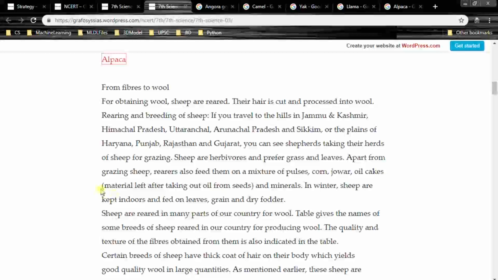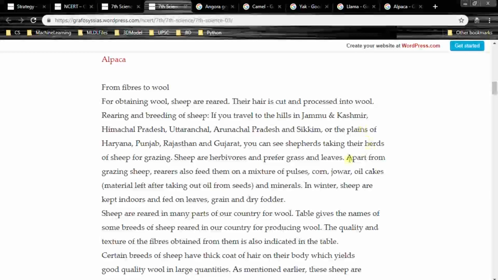Oil cakes are the materials which are left after taking oil from the seeds, right? Groundnut cakes, sort of that. In winter, sheep are kept indoors and fed on leaves, grain and dry fodder.